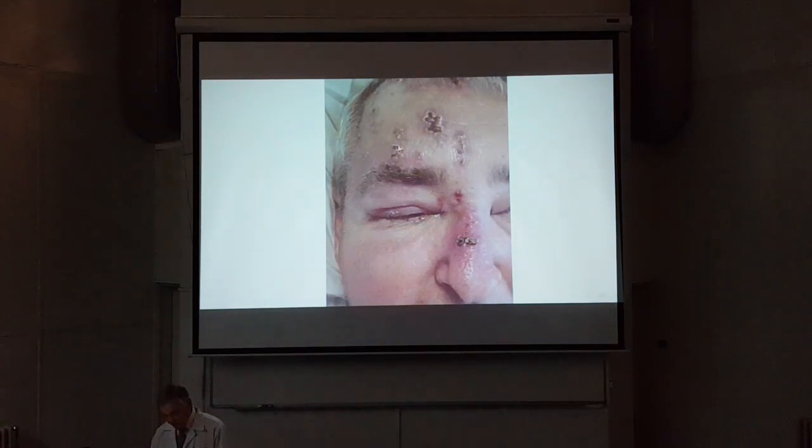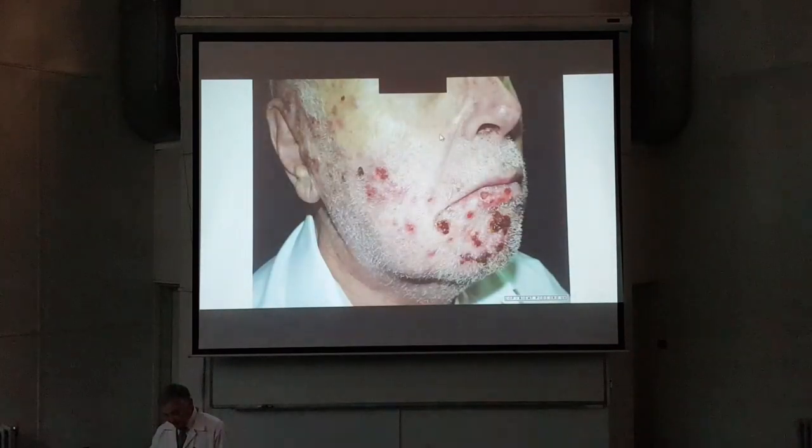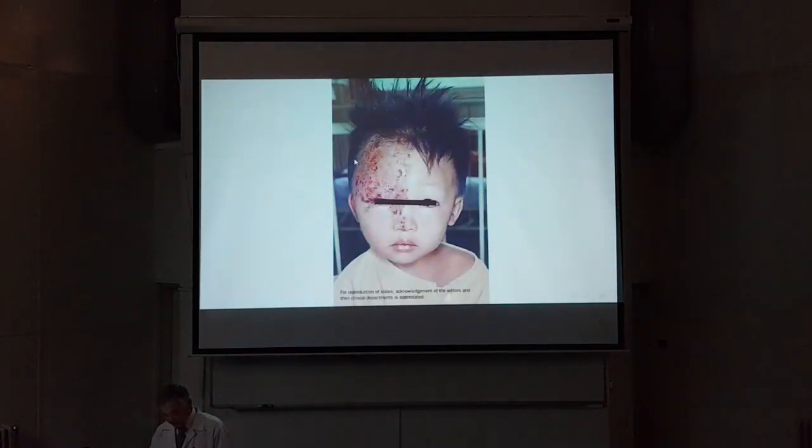Again, these herpes zoster lesions are scattered in the area of ophthalmic division. This lesion is extending along what? The mandibular branch of trigeminal.